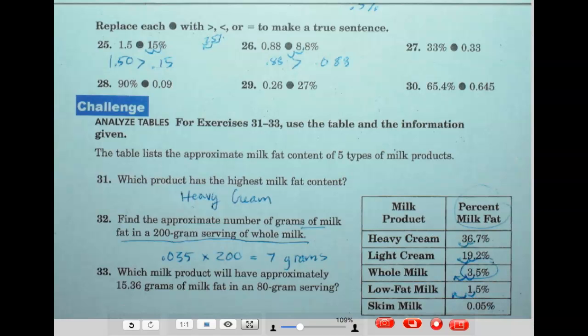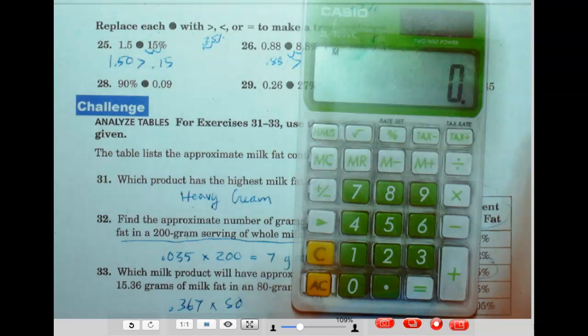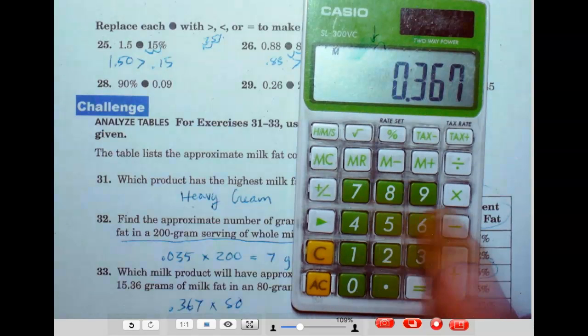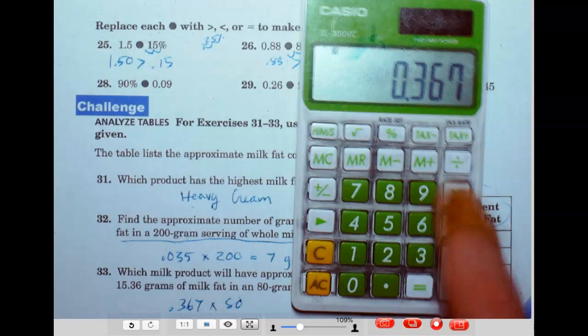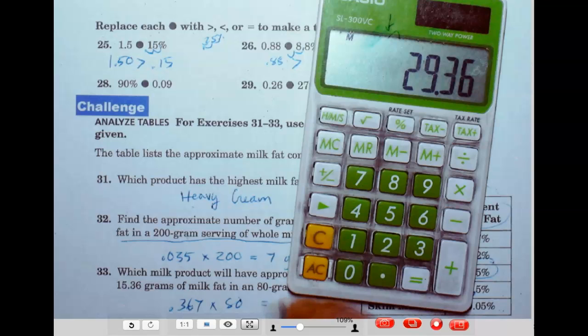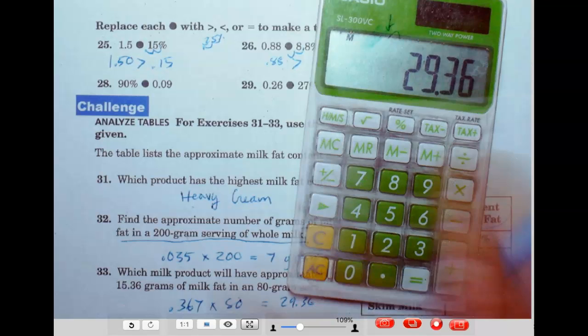We'll start at the top and do 0.367 times 80. Put that into the calculator. 0.367 times 80 equals 29.36 grams, so that isn't it.